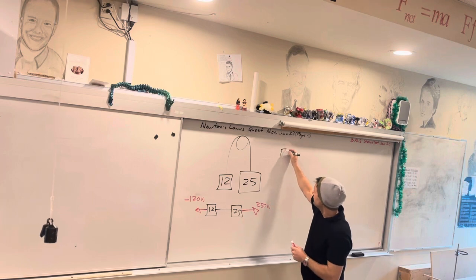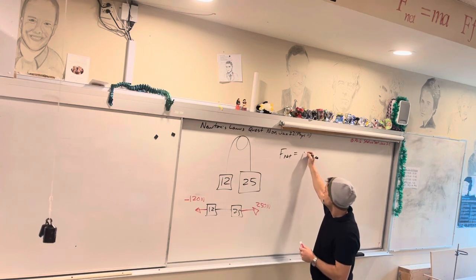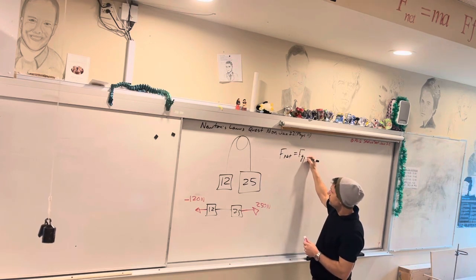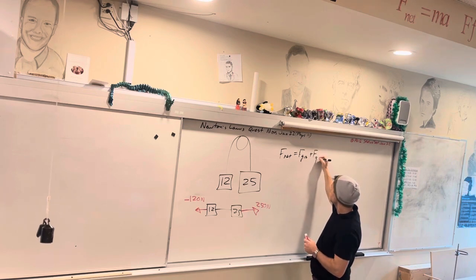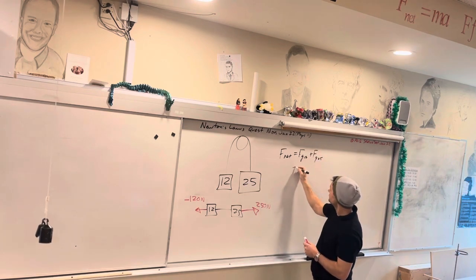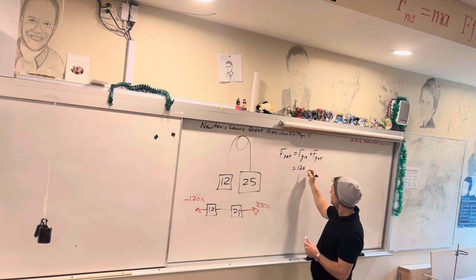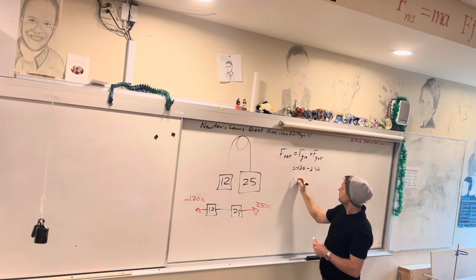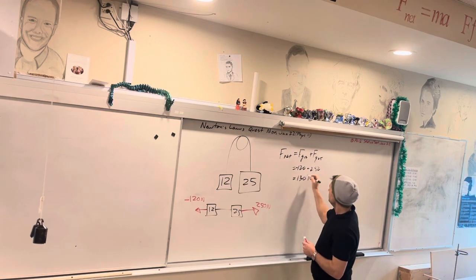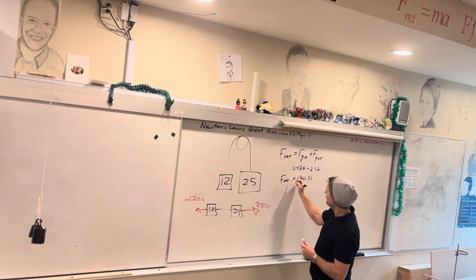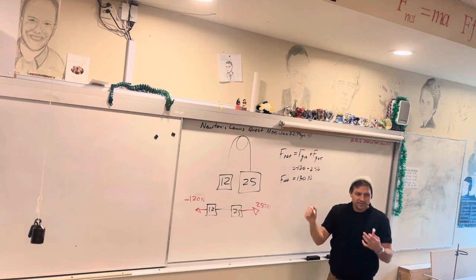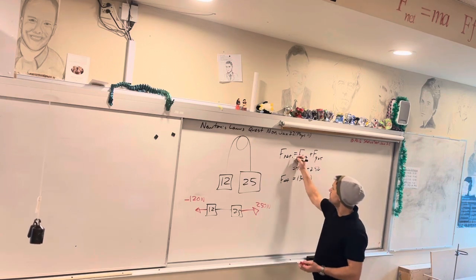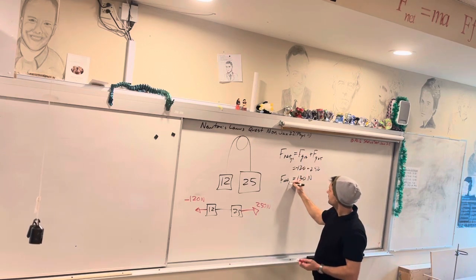So my F net is my FG on my 12 and my FG on my 25, and that's going to be negative 120 plus 250, and that's going to be 130 newtons. Now that's the net force on the system, right?